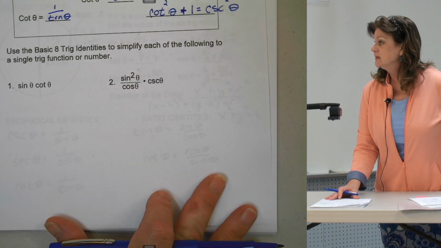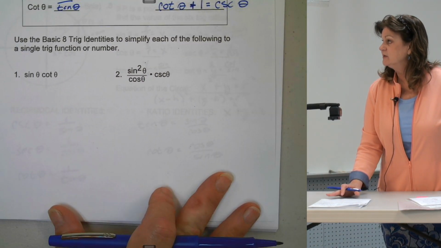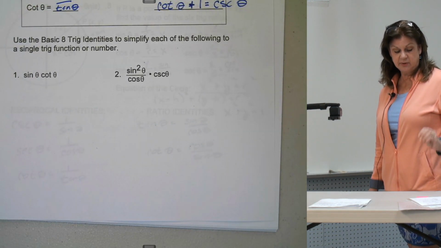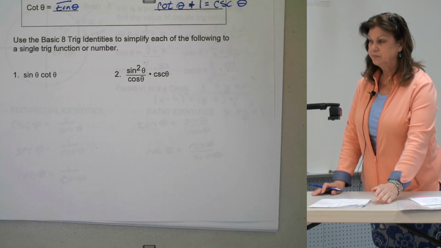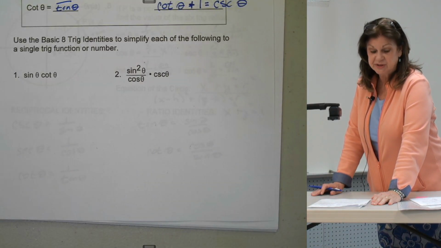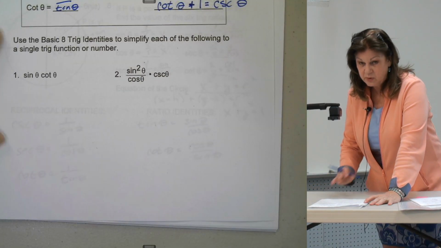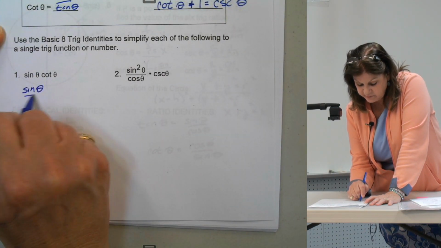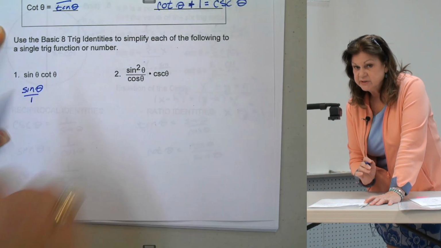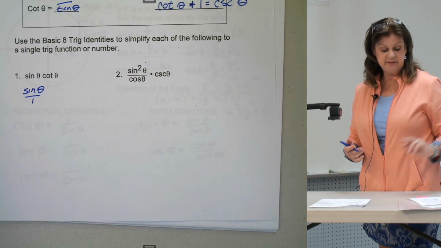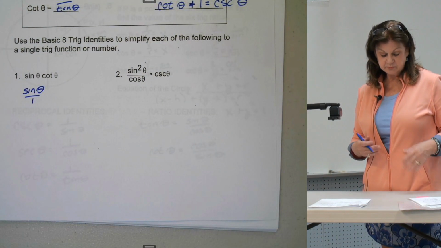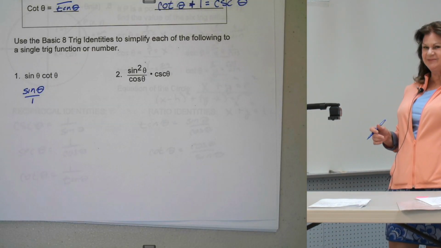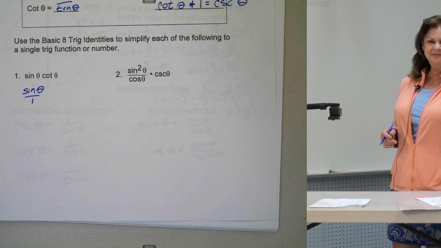Use the basic identities to simplify each of the following to a single trig function or a single number. Okay, so sine theta times cotangent theta. What I'm going to do, I'm going to say, okay, I have sine theta over 1. And why would I do that? Well, I know that cotangent is cosine over sine.